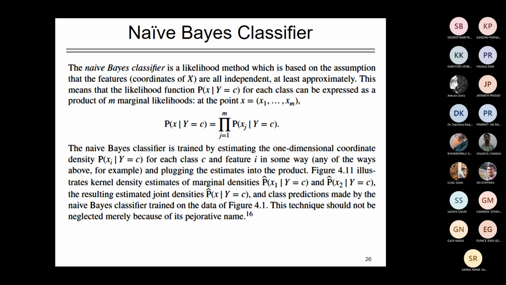How do we find independence? Let us consider an example of receiving emails at our email IDs. There are two types of emails: one class belongs to the non-spam category, another class belongs to the spam category.